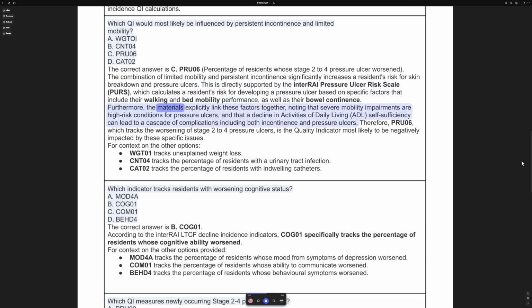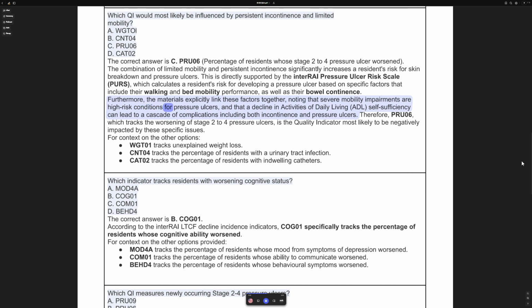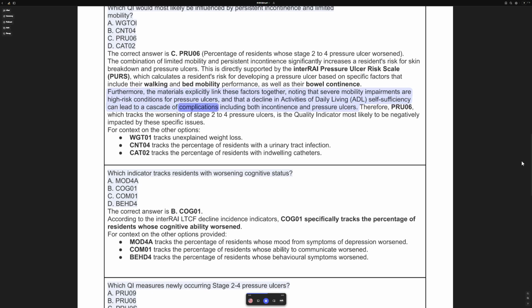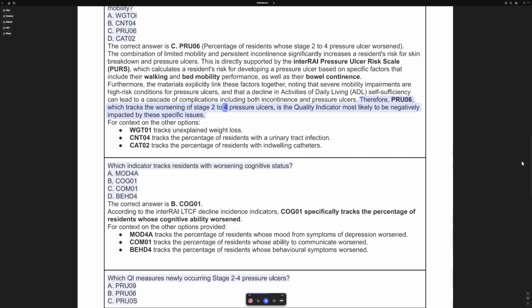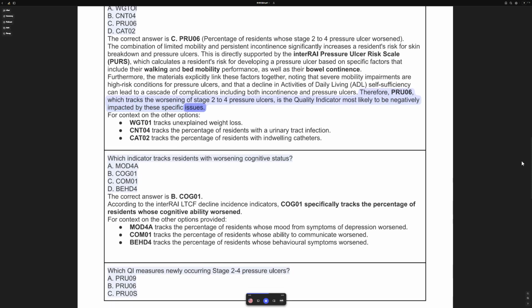Furthermore, the materials explicitly link these factors together, noting that severe mobility impairments are high-risk conditions for pressure ulcers, and that a decline in activities of daily living, ADL, self-sufficiency can lead to a cascade of complications including both incontinence and pressure ulcers. Therefore, PRU-06, which tracks the worsening of stage 2 to 4 pressure ulcers, is the quality indicator most likely to be negatively impacted by these specific issues.